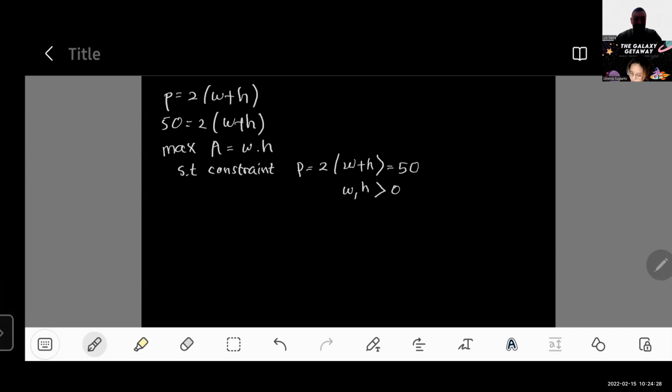So first, we substitute, the same thing, but we use the perimeter now. So let's say the value is 50, and we want to substitute.